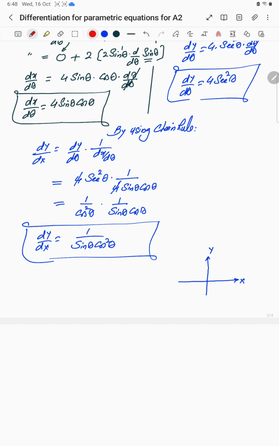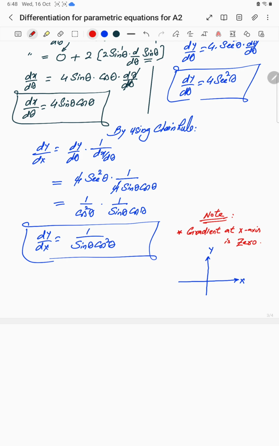I am going to write a note: gradient at x-axis is 0, because there is no rise and only run, so it's 0.